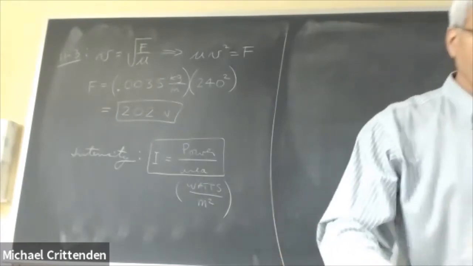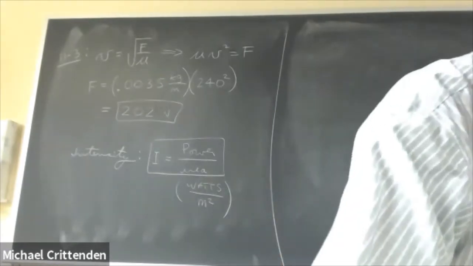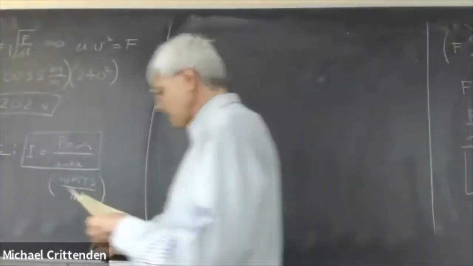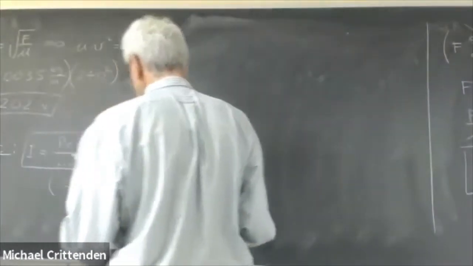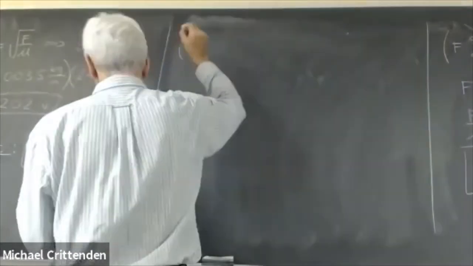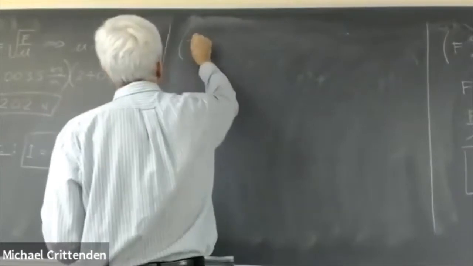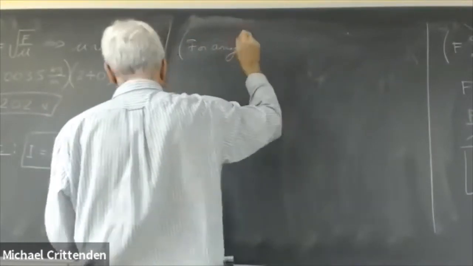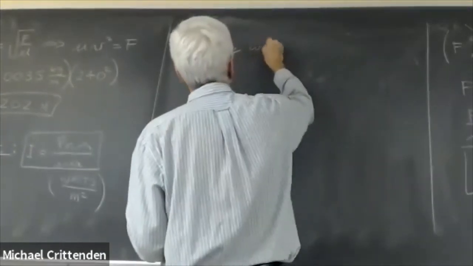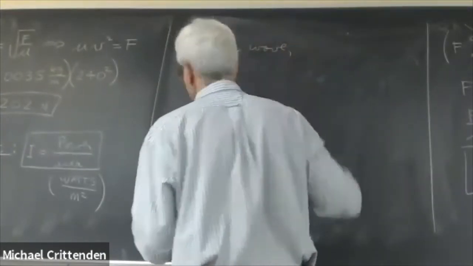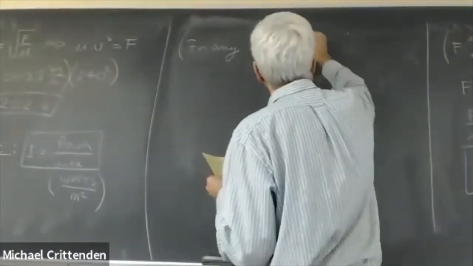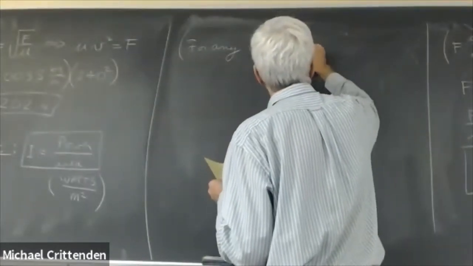Now, I'm just going to mention something briefly in passing that I could make much longer if I had the time. I'm just going to put in parentheses, for any wave, whether it's light or sound or anything like that, any wave propagating in 3 dimensions.